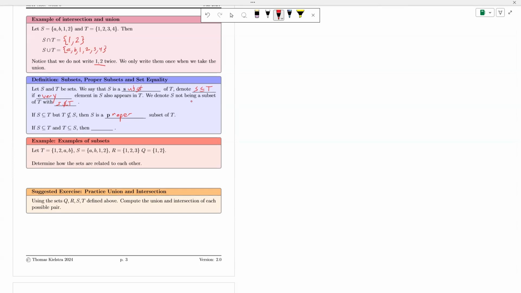But if S is a subset of T and T is a subset of S, then S equals T. This is how we define the equality of sets. Two sets are equal if both sets are a subset of the other set.